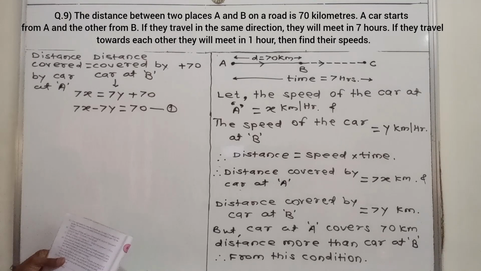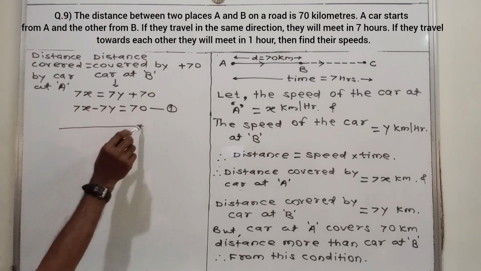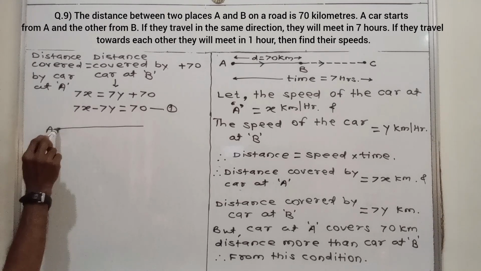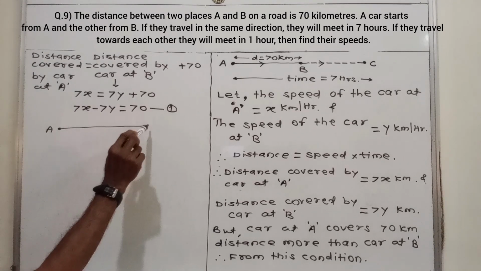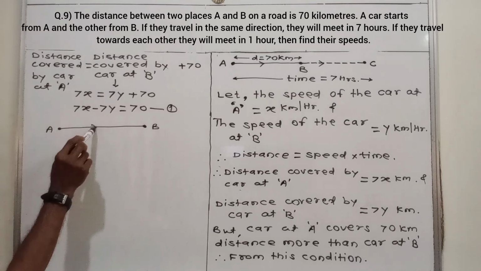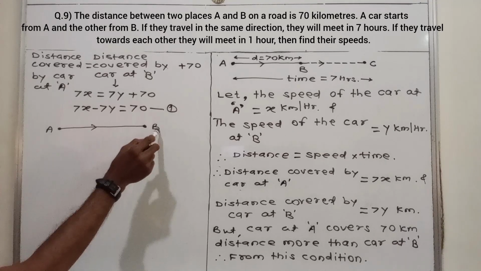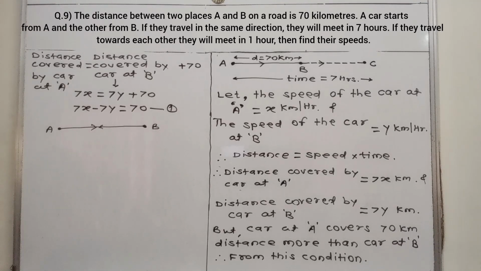Now, if they travel in the same direction, then we get this equation number 1. If they travel towards each other, see this. This is place A and place B. Car at A travels towards B and car at B travels toward A. Did you get it?